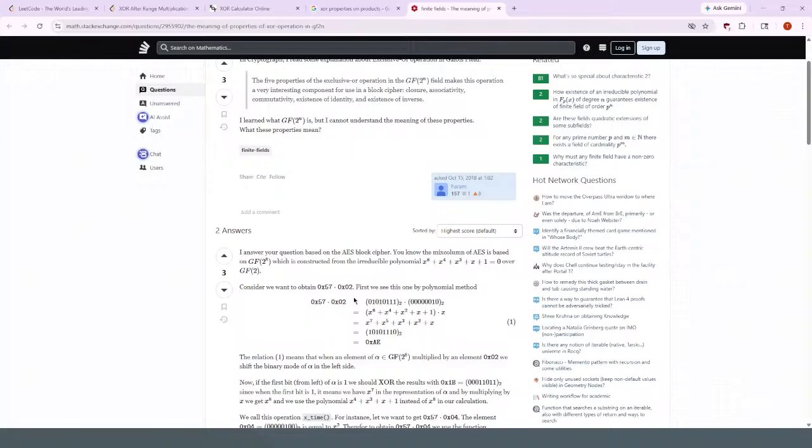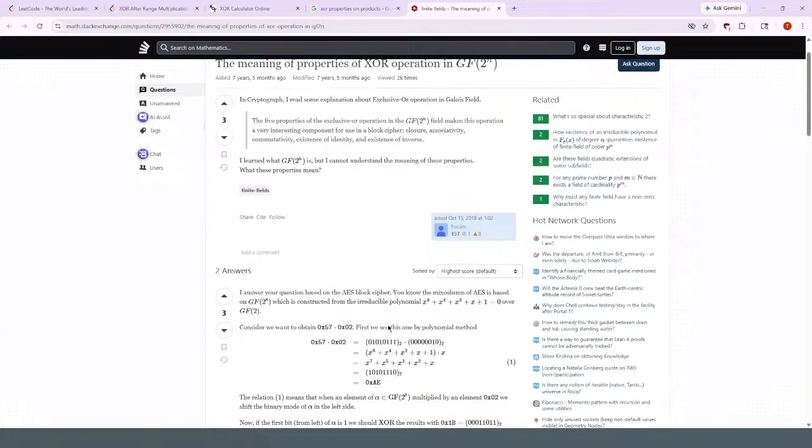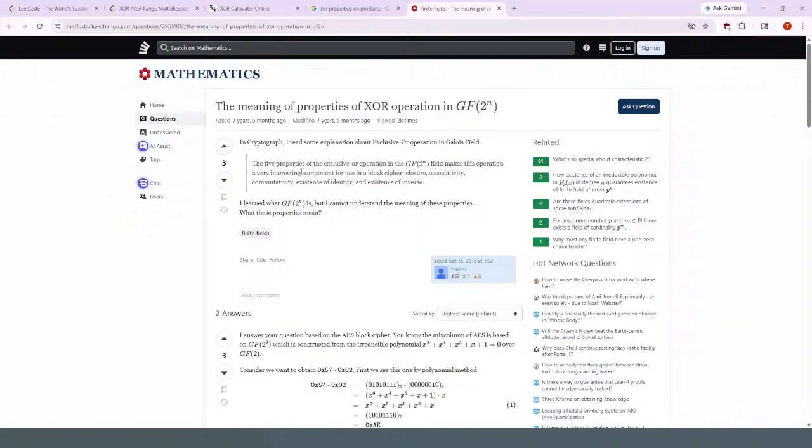Can I read this? I don't know if I can read this. The properties of the XOR operation in GF of 2 to the n field make this operation a very interesting component for use in a block cipher: closure, associativity, blah blah blah. I learned what GF of 2 to the n is, but I cannot understand the meaning of these properties.